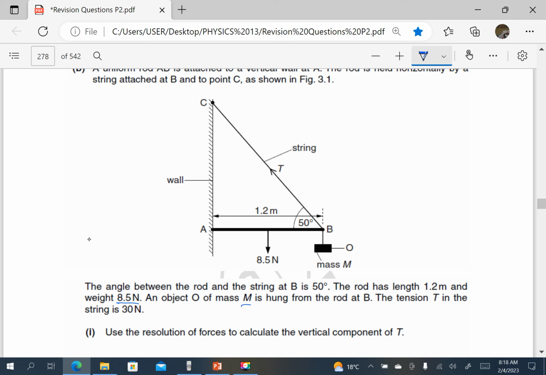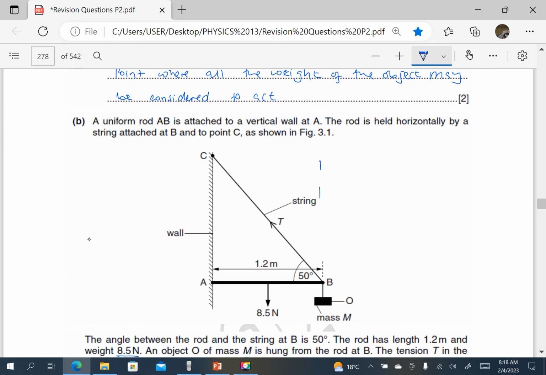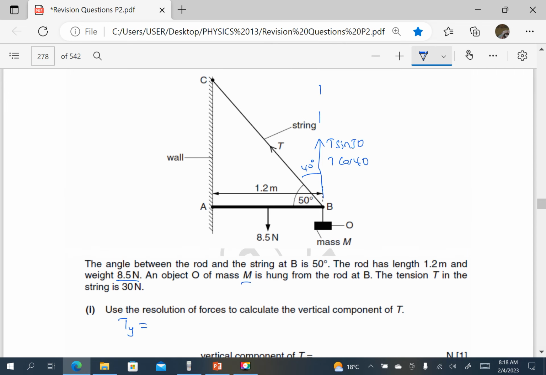Use the resolution of forces to calculate the vertical component of T. So we have to draw a vertical line here for us to be able to visualize T. Using 50 degrees, resolving T to the vertical, that would be T sine 50. If you use the angle here, which is 40 degrees, you can say T cos 40 degrees. So the vertical component of T, I'll call T_y, is going to be T. What was the value of T?